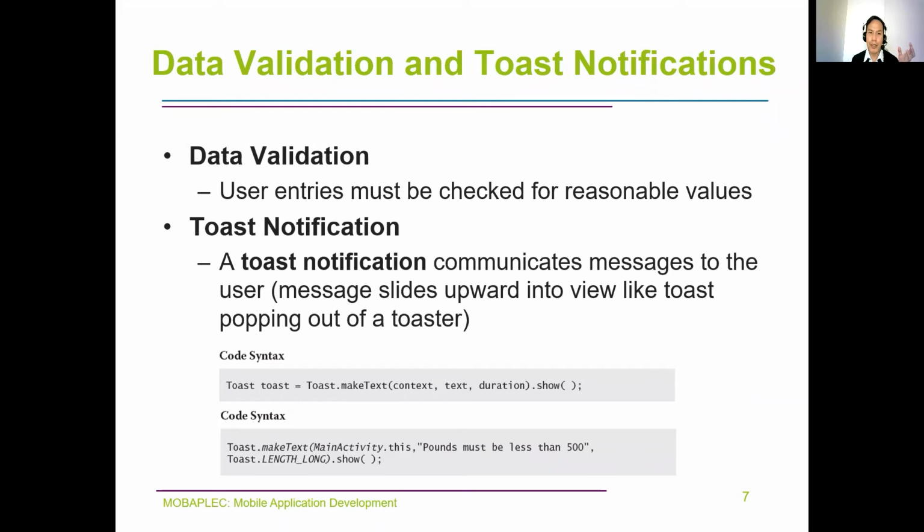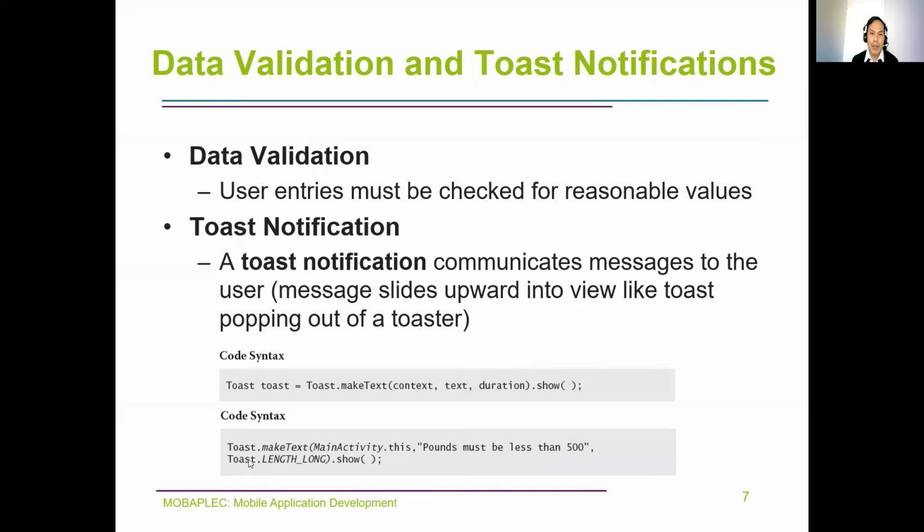So for example, the code syntax. Toast, then the toast variable is equal to Toast, the context followed by the text, comma, then duration, open close, that shows. So that's the code syntax. Actually, we did that in the previous demonstration on log. We use a toast method.